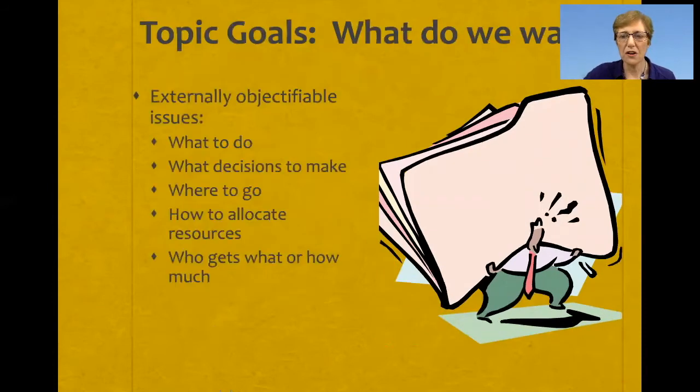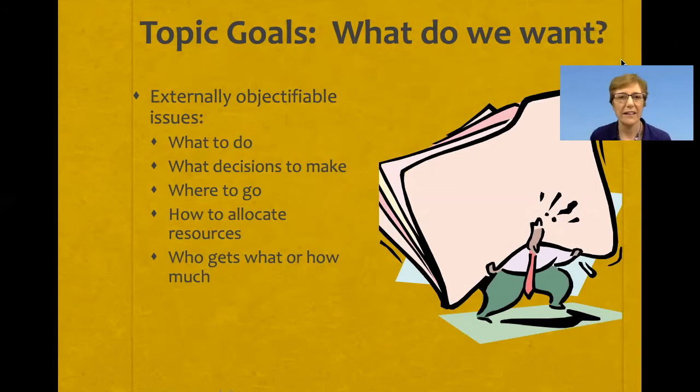Topic goals are the ones that are often talked about, and they typically refer to some externally objectifiable issue or actual objects that people might be disputing around. What to do, what decisions to make, where to go, how to allocate resources, and who gets what or how much.